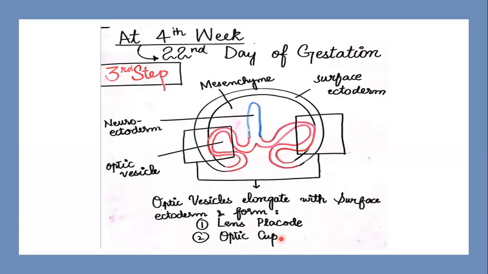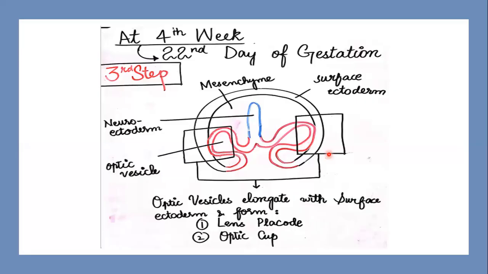How they make the lens vesicle, lens placode and optic cup, we'll discuss in the fourth step. But over here there will be further elongation, and it will touch the surface ectoderm and stick to it, right?